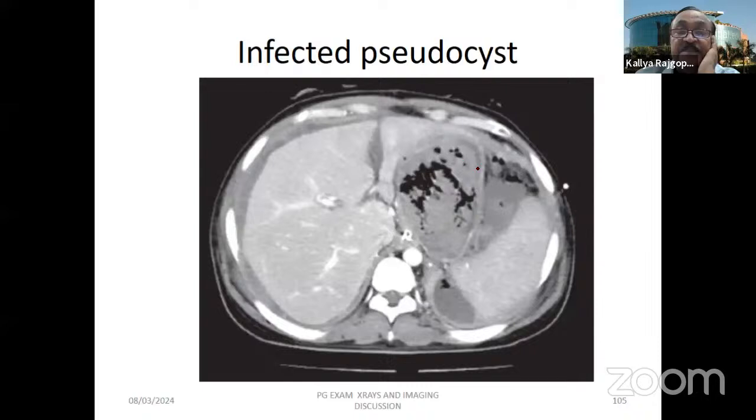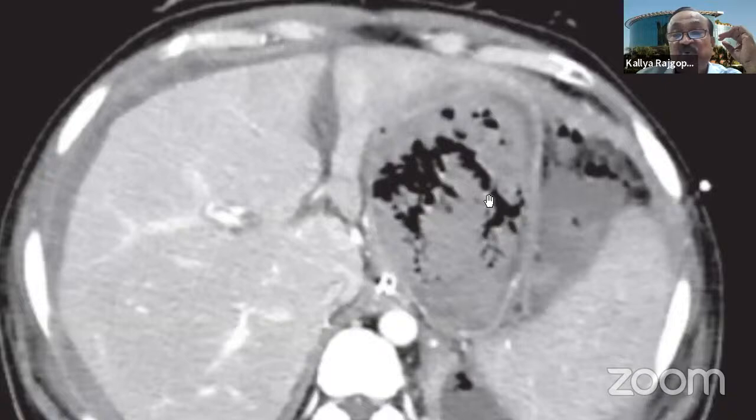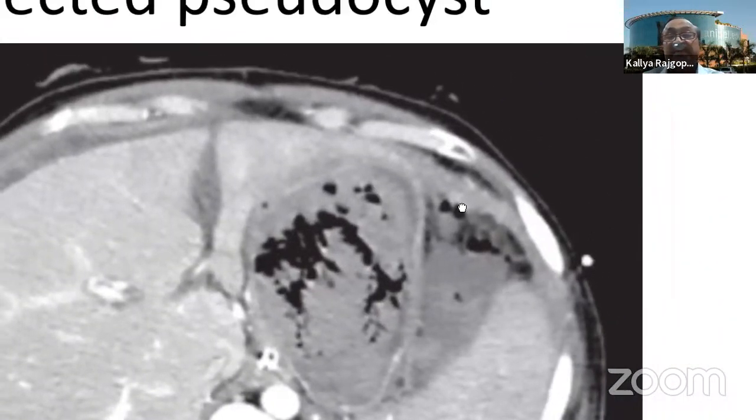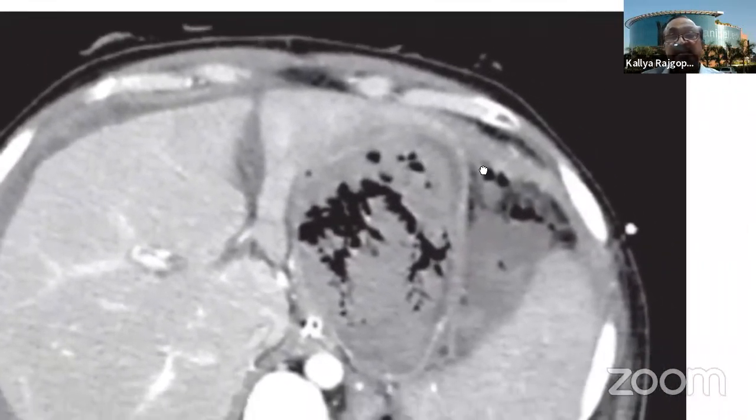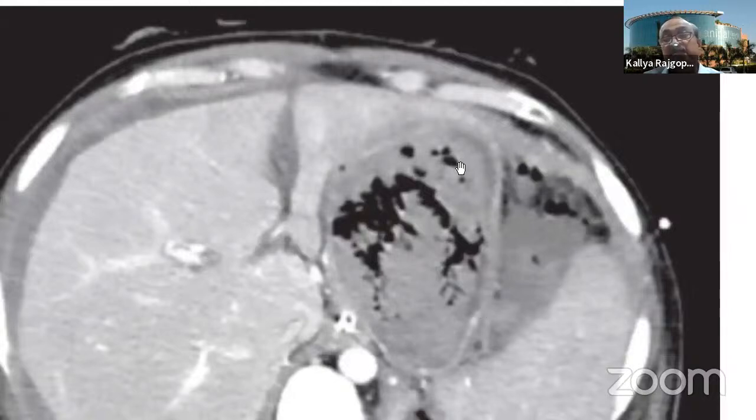Now, same picture, you again compare here. As I mentioned to you, ribs, these are the bones, right? And this black thing all around, you can see the fluid. And here you see air in the center. So this is a very classical necrosis, one of the important urgent indications, an extensive pancreatic infected necrosis.